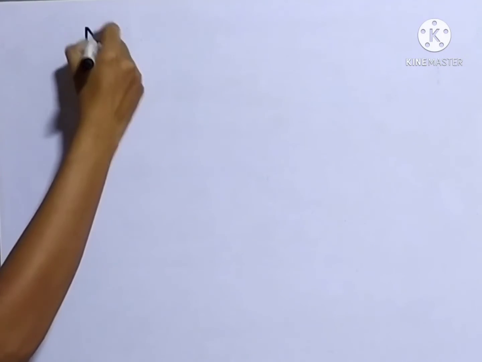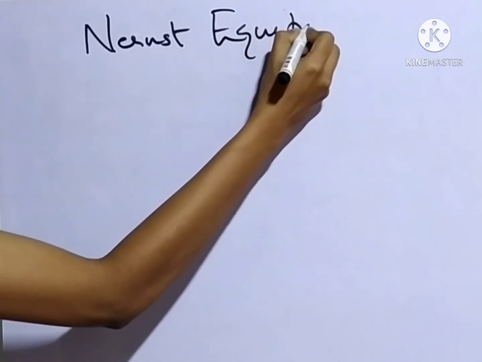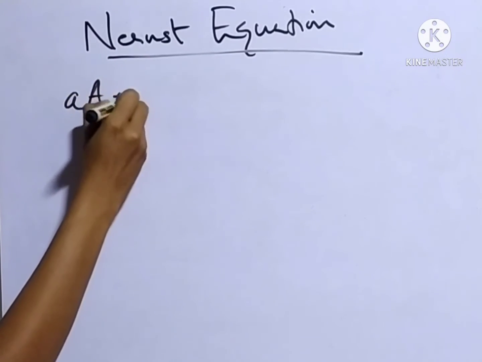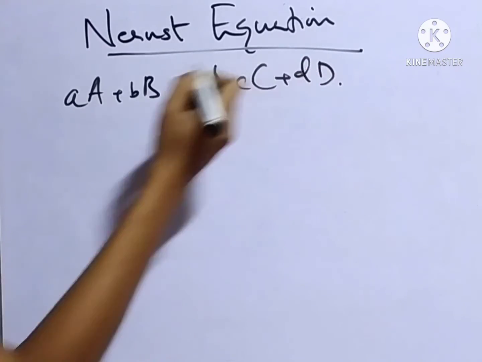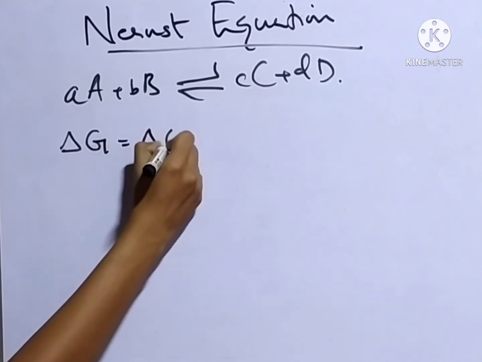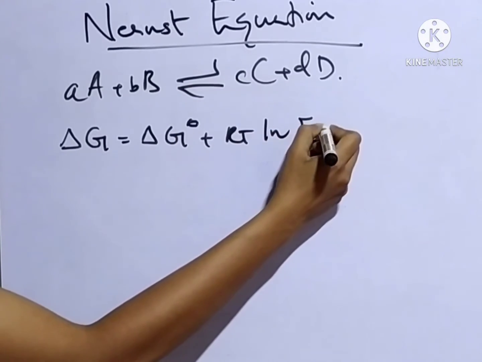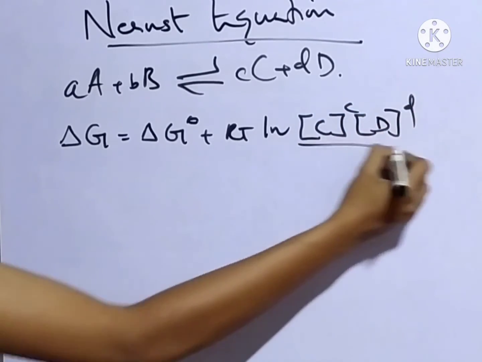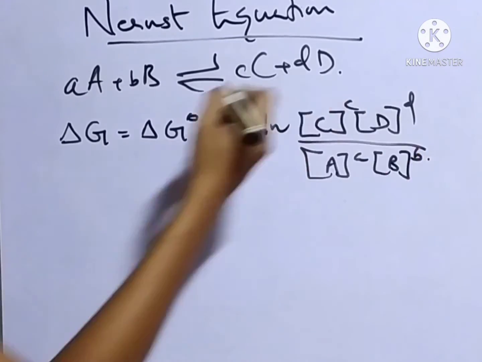And we can use another relation called the Nernst equation to calculate the cell EMF. Consider the equilibrium reaction aA plus bB reversibly gives cC plus dD. According to the Nernst equation, delta G equals delta G0 plus RT ln concentration of products divided by concentration of reactants.